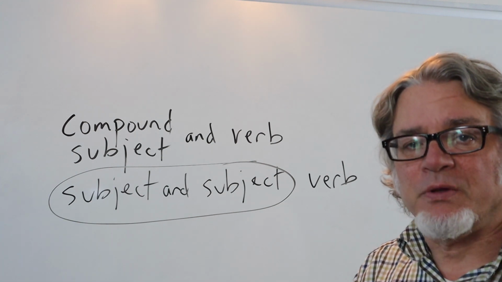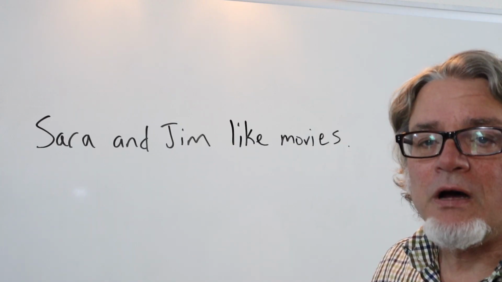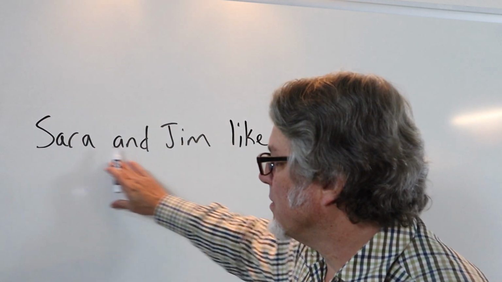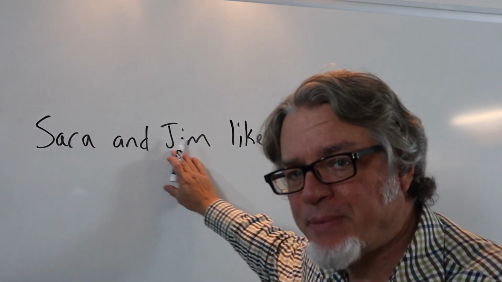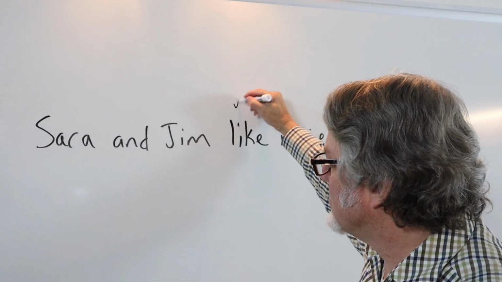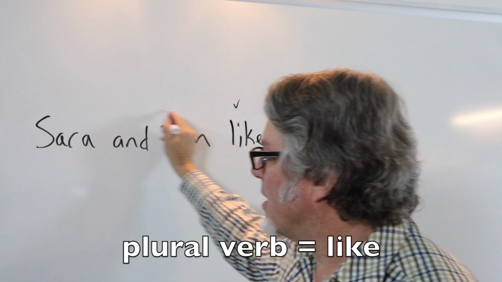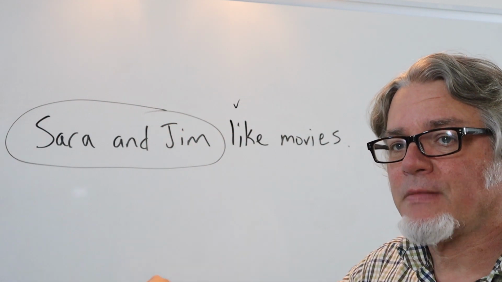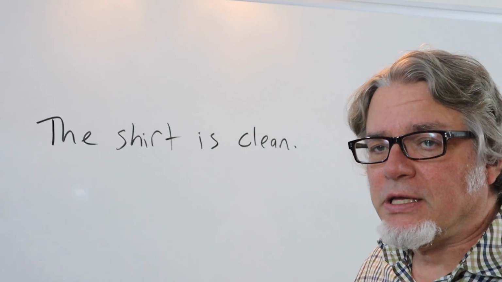Here are some examples. Sarah and Jim like movies. So here you have the compound subject, and this verb is plural to match the plural subject, the compound subject. The shirt is clean.